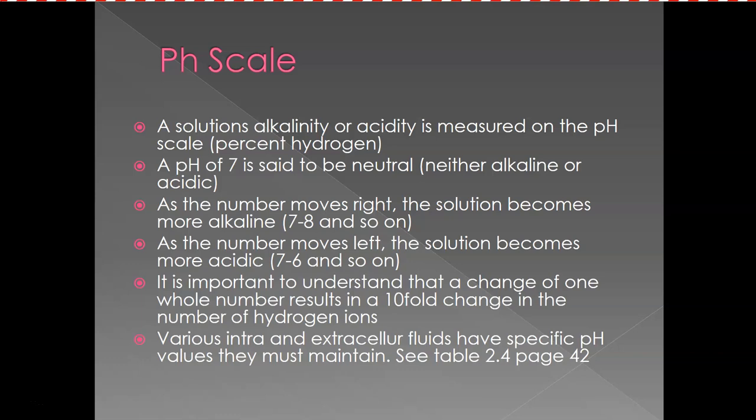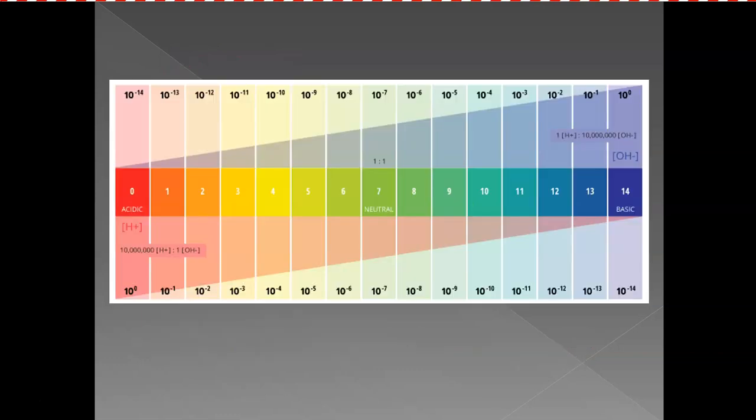I'll repeat that: a change of one whole number on this pH scale results in a 10-fold change in the number of hydrogen ions. In a second, I'm going to show a slide of a pH scale. We have to understand that various intra and extracellular fluids have specific pH values that they must maintain within this homeostatic parameter.